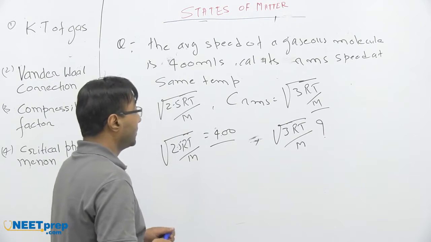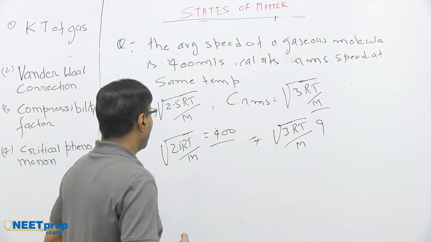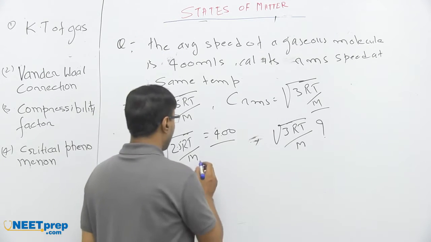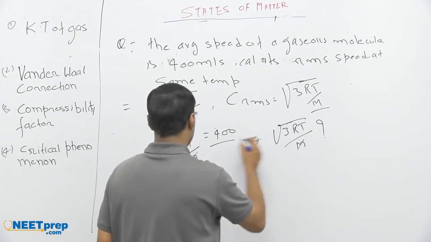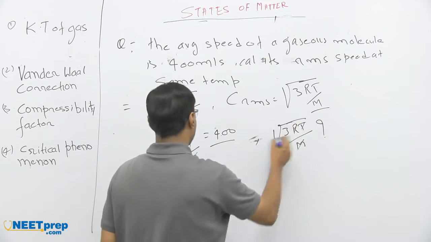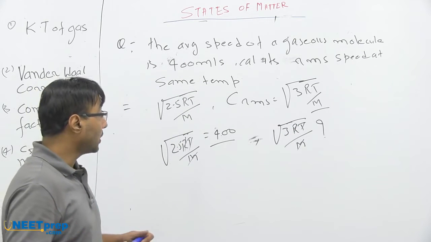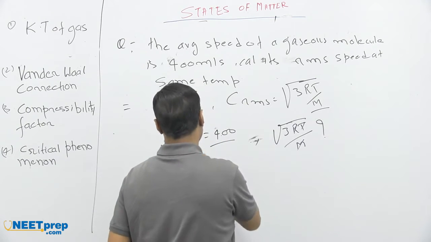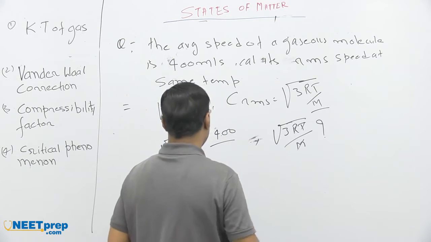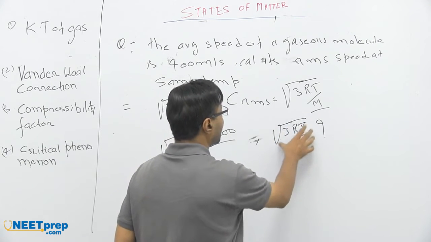So what is the difference between these two? What is going to be constant? This M for a gas is constant, this R is constant, this T is constant. So what is the relationship between these two? If the average speed is equal to 400, then what is the value of C RMS?